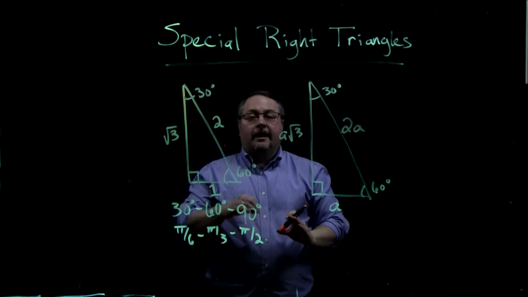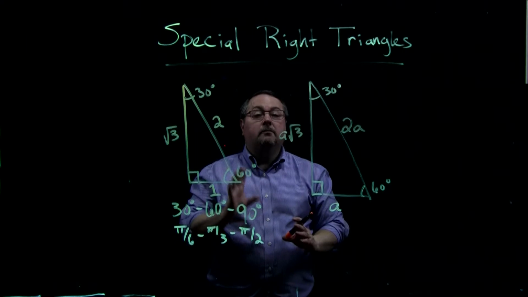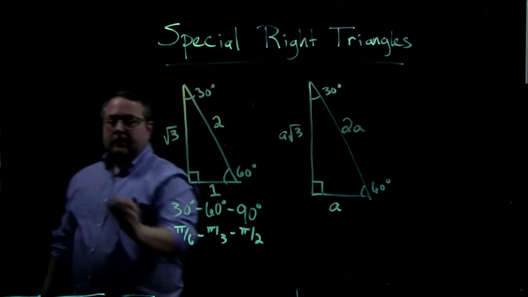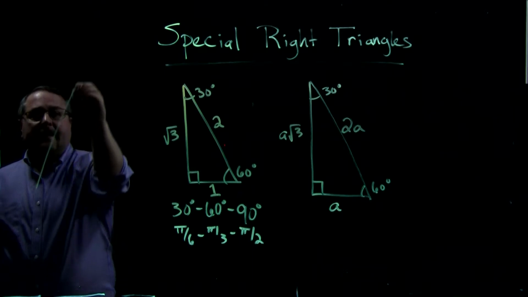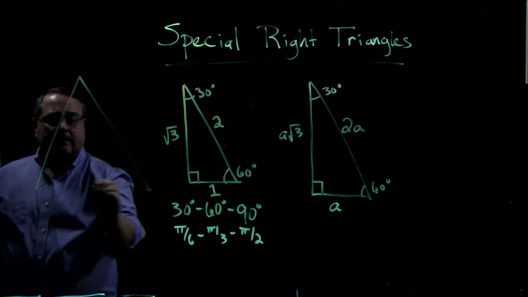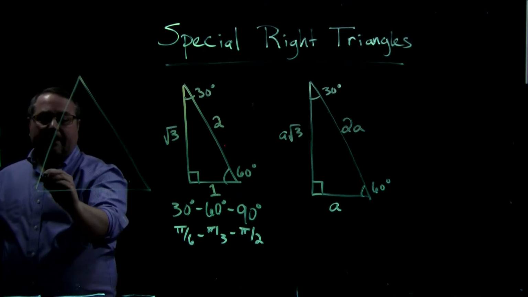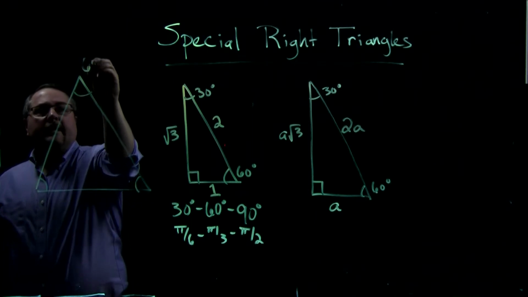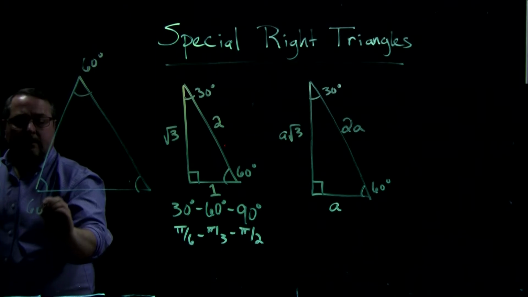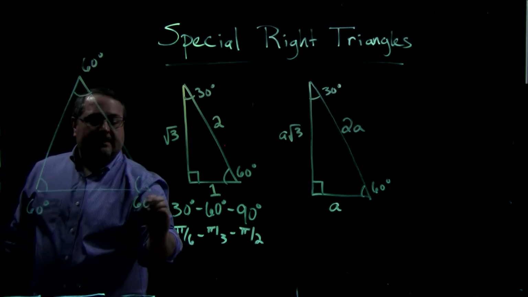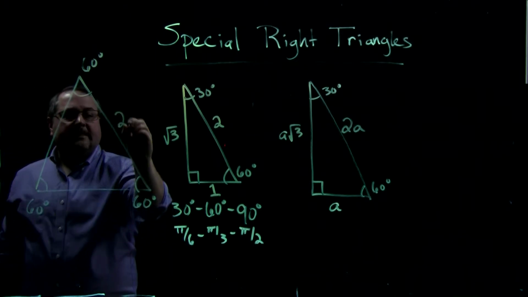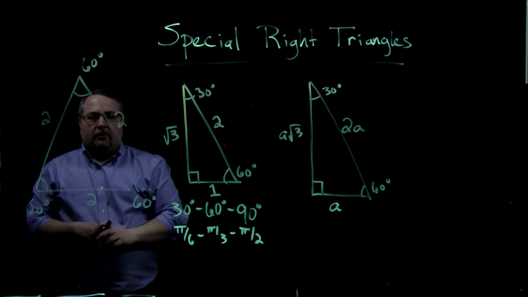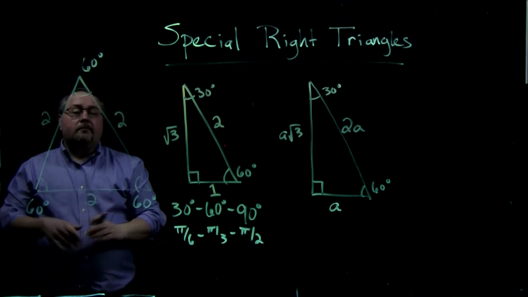Now just like with the 45, 45, 90 triangle, we can verify this using some things we know about geometry. So in this case, instead of taking a square and bisecting it, what we can do is take an equilateral triangle and bisect it. So if we have an equilateral triangle, and let's say, for reasons that will become clear in a moment, all 3 sides of our equilateral triangle have length 2.